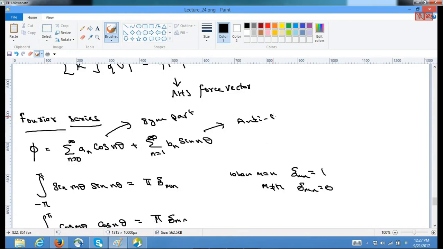Because it is sin theta, it is anti-symmetric. Cos theta is symmetric in nature, so obviously the AN are the symmetric part and the BN are the anti-symmetric part. If you have a loading that consists of both symmetric and anti-symmetric parts, we will just divide them according to the basis vector. This is not necessarily an infinite series, because a given loading may depend only on certain basis vectors.